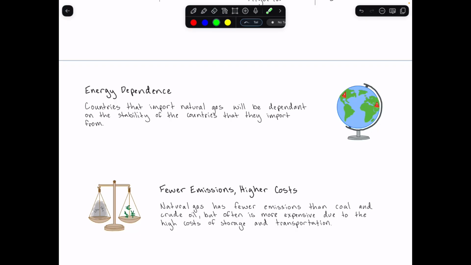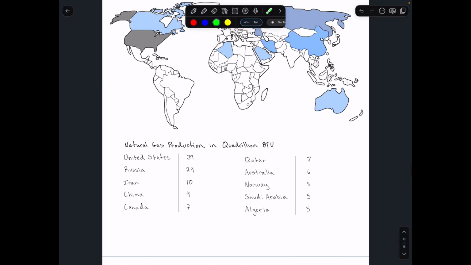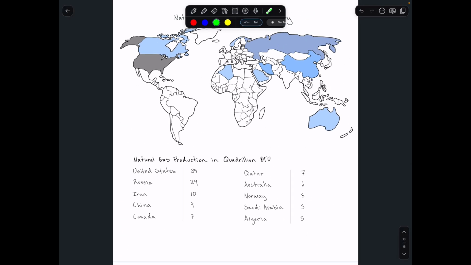And so what happens is that if a country is not one of these 10 that's able to produce a significant amount on their own, utilizing natural gas over coal can typically be more expensive.